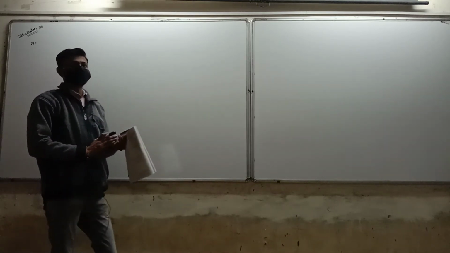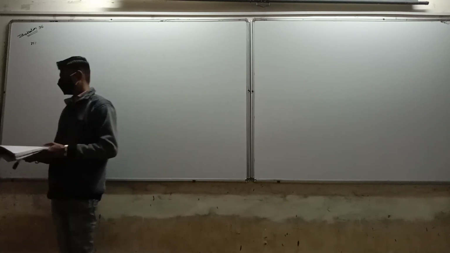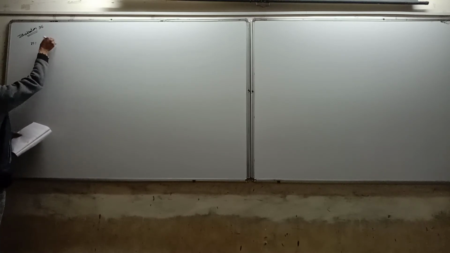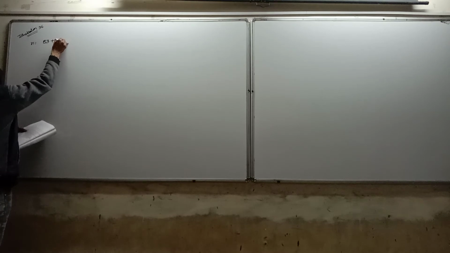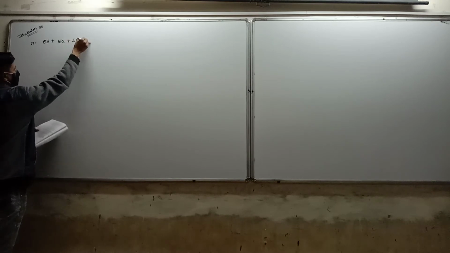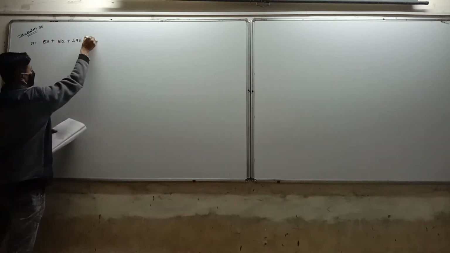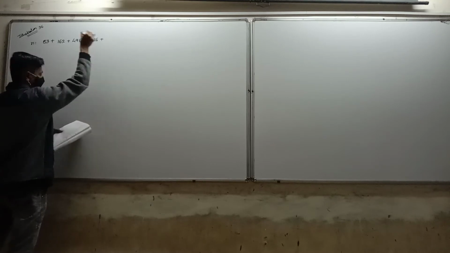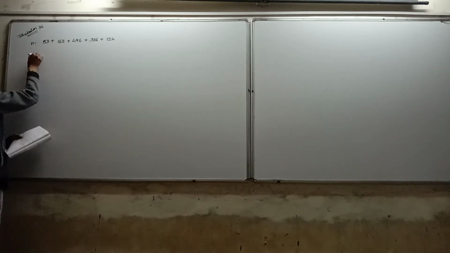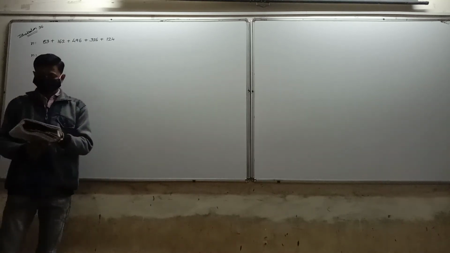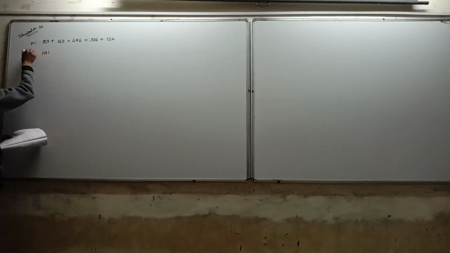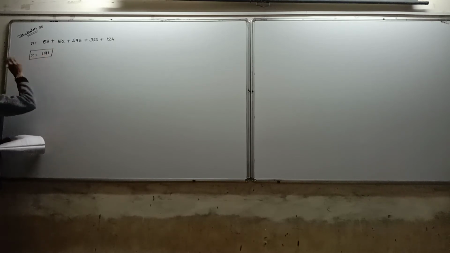The number in the sample is n is equal to 83 plus 162 plus 496 plus 326 plus 124. So number of candidates n, find out. Total is 1191.